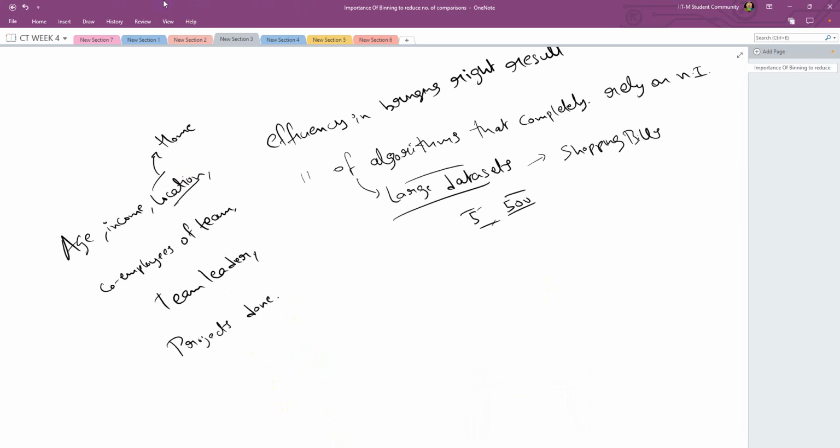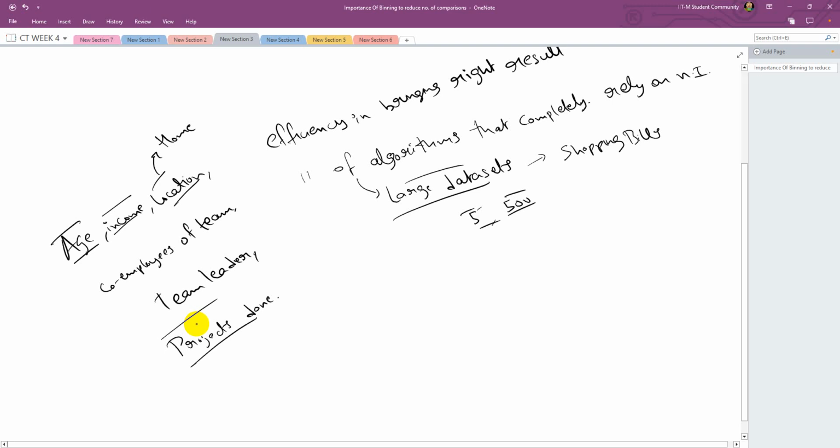Now if we wanted to group these employees based on their income, this is what most companies do. They separate their employees on the basis of their income, their age, and their projects done, because marks show only your concept, but they do not test your practical knowledge.